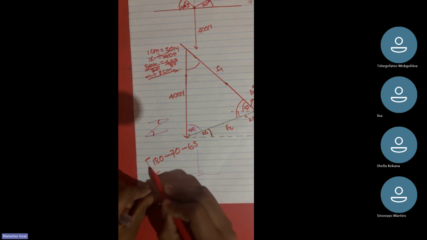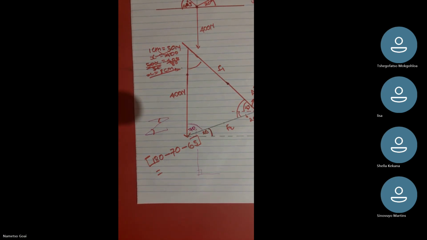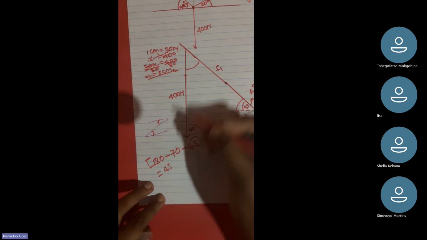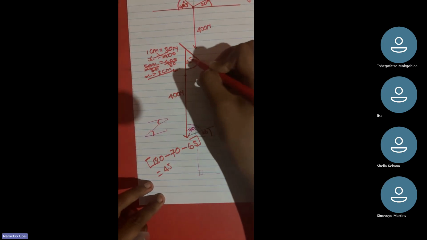Can somebody put this into the calculator for me? 45. So which means this angle will be what? 45. Now, let's look at this.